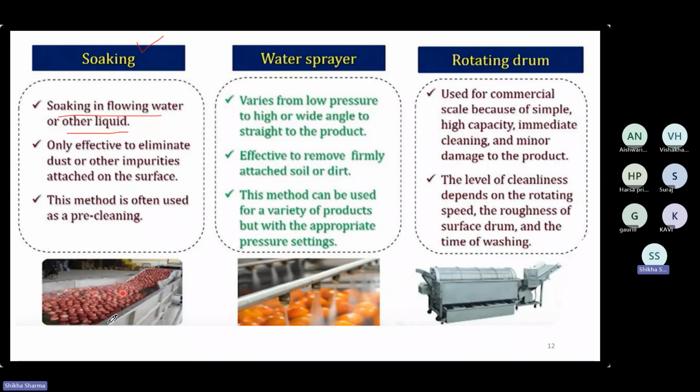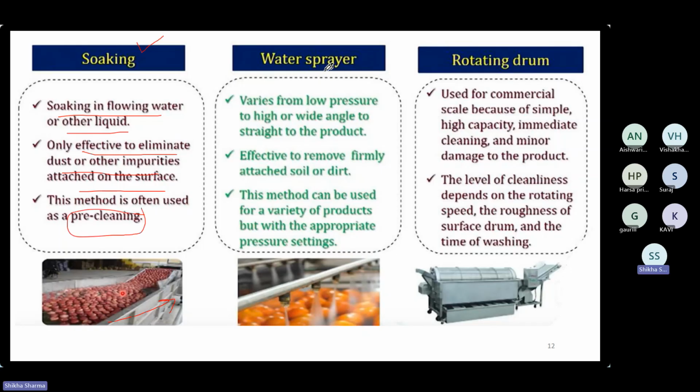So this kind of conveyor belt is there, and the fruits are going, being soaked in water, and moving with a conveyor belt. It is only effective to eliminate dust and other impurities attached on the surface. So this can be a method as a pre-cleaning method.